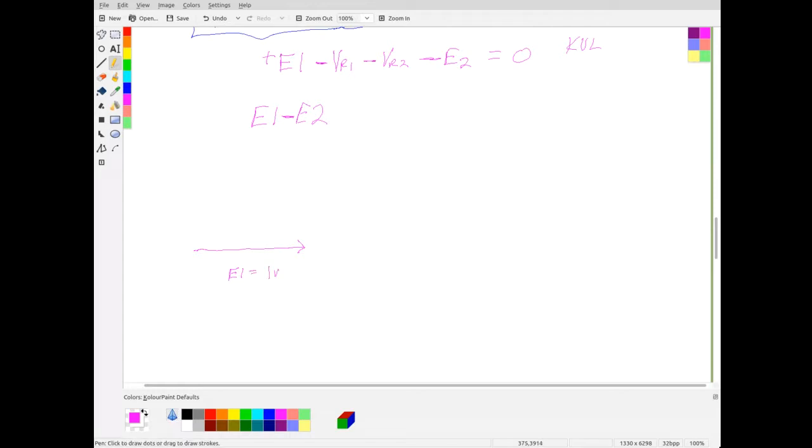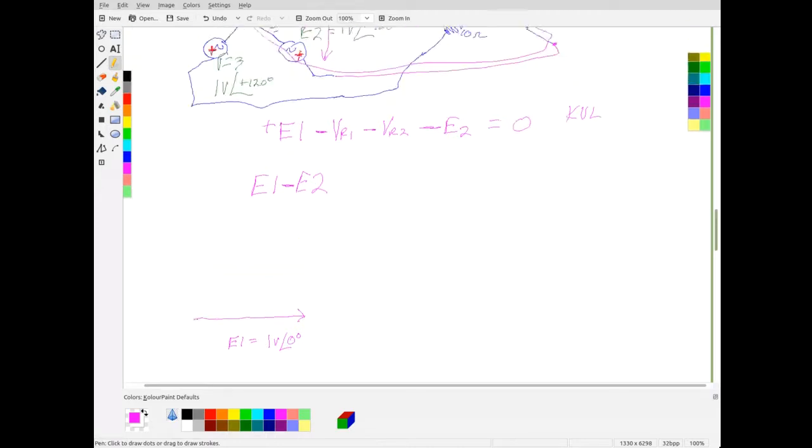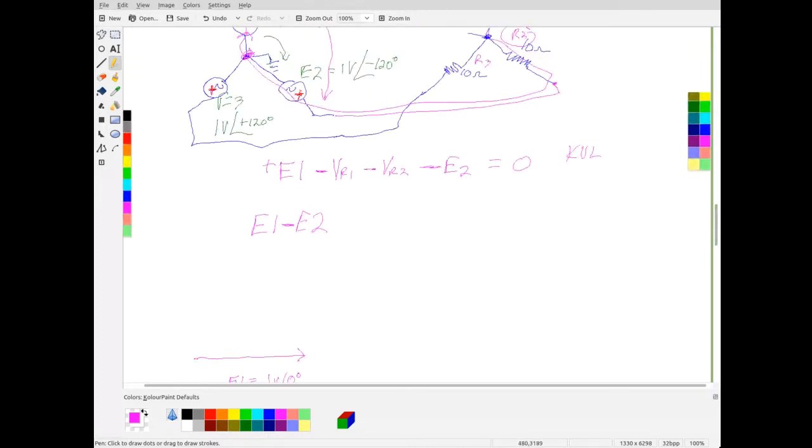And E2 is 1 volt but at an angle of minus 120 degrees. So this was E2.